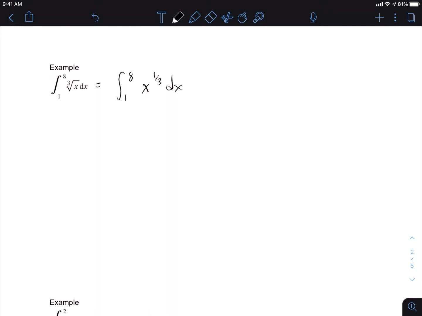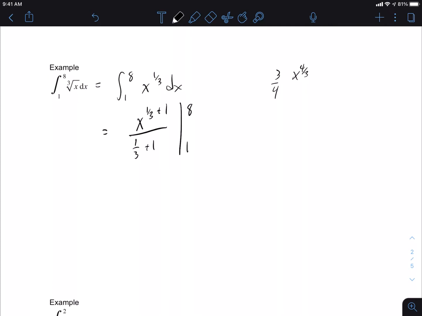That's right. So if that's the case, then the antiderivative of this would be x to the 1/3 plus 1 over 1/3 plus 1 evaluated from 1 to 8. And we can see that if we took the derivative of that, that would in fact give us x to the 1/3 power. Because look what happens. I get 4/3, and then it's going to be 3/4, right?